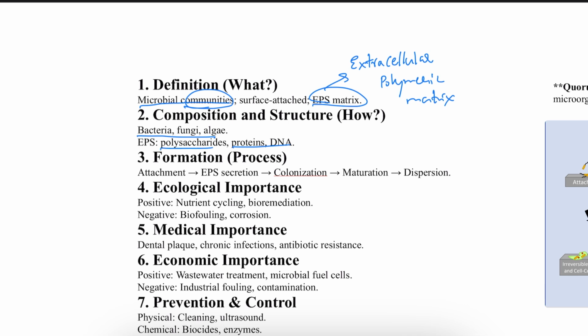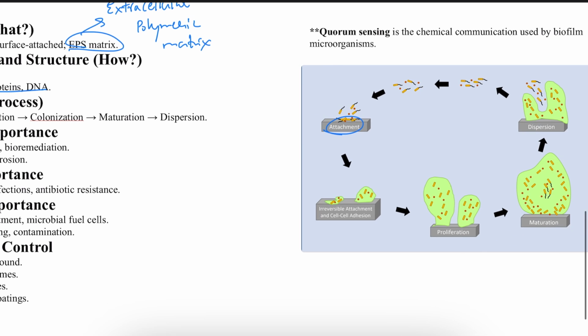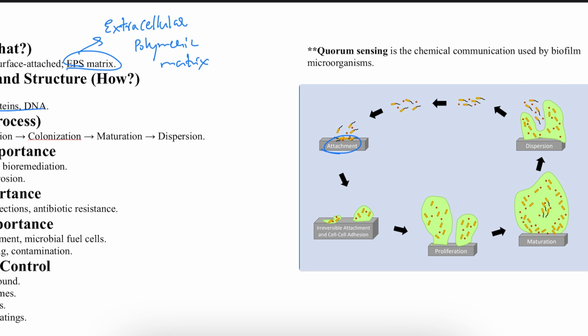Now let's go to the process of formation of biofilms. In the first step, there is attachment, where the microorganisms adhere to surfaces, generally smooth surfaces. In the second step, called irreversible attachment, microorganisms produce this extracellular polymeric matrix and firmly anchor themselves to the substance.